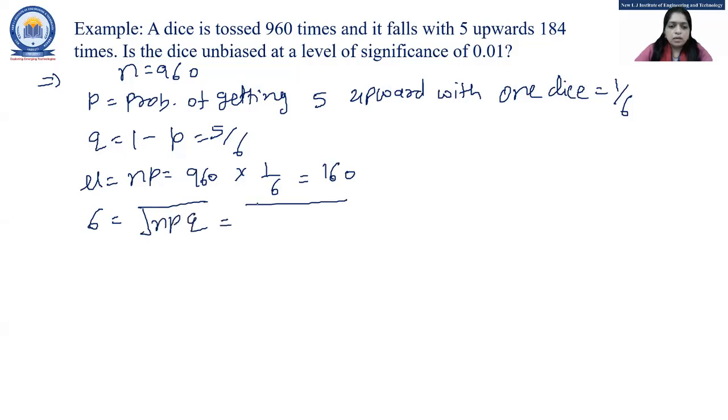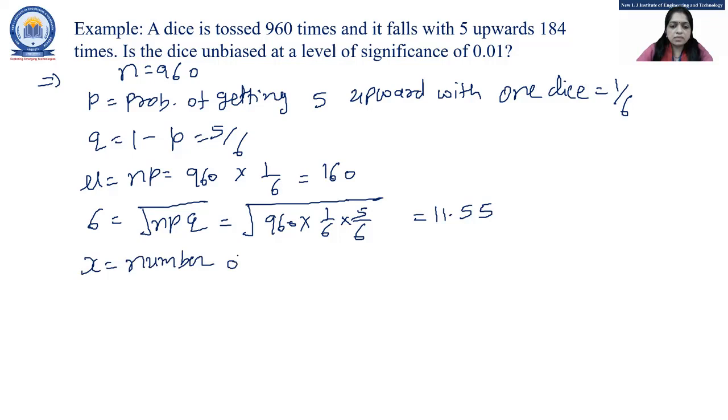So here 960 into 1 by 6 into 5 by 6, and after simplification this is 11.55. And the last is X, the number of successes, which is already given in our data, and that is 184. So let's start the solution.